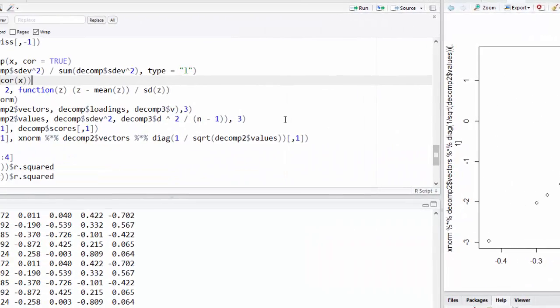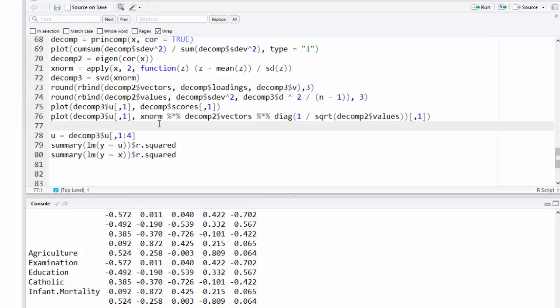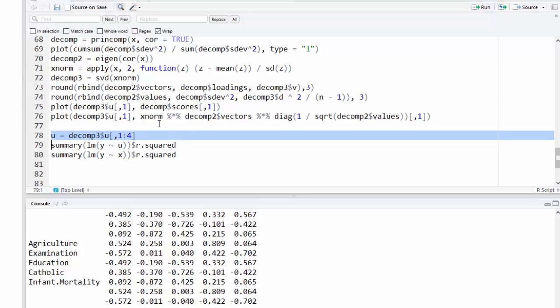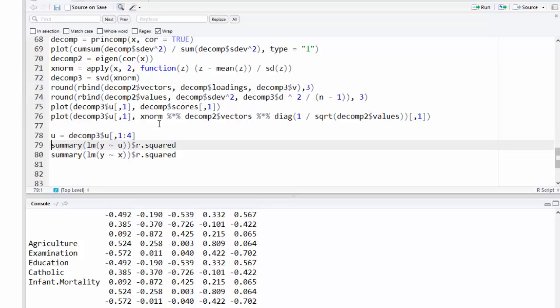Now let's show you how you might use these things. Let's take the singular vectors from the singular value decomposition, and I'm going to take, let's say, the first 4 of them. So I've omitted one variable, and I'm going to try a linear model with my y and my u as the set of predictors, and look at the R squared.